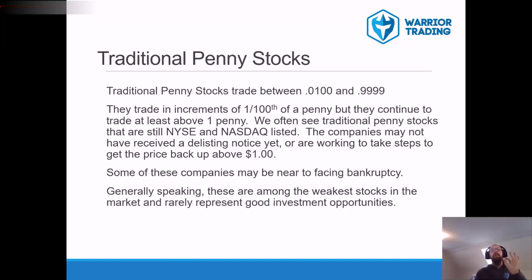These companies may not have gotten delisted yet. They may be getting ready to do a reverse split or trying to get their price back up above $1. We don't usually see ones as low as 1 cent, but we often see them in the 50 cent, 60 cent, 70 cent range. But of course, generally speaking, these are stocks that are really not in good shape, and they are potentially facing delisting.